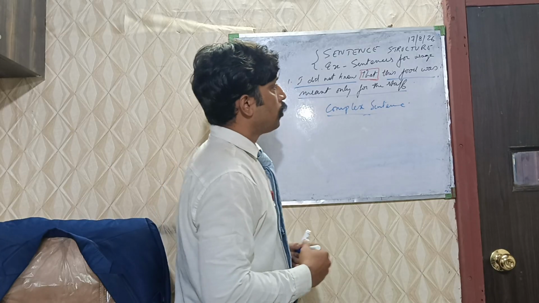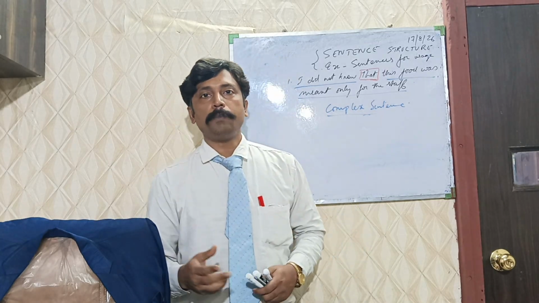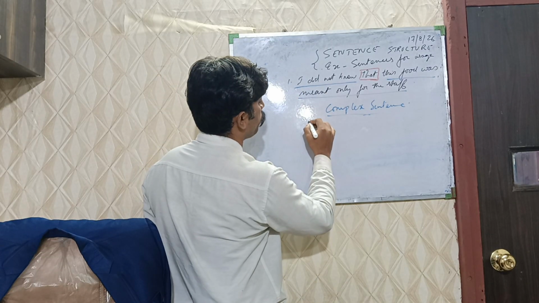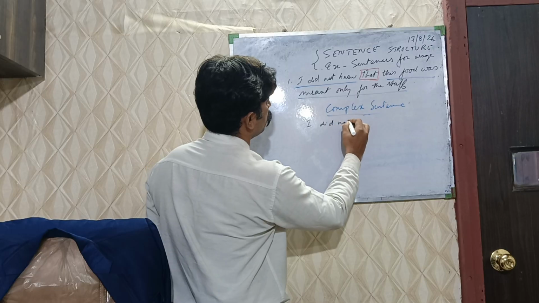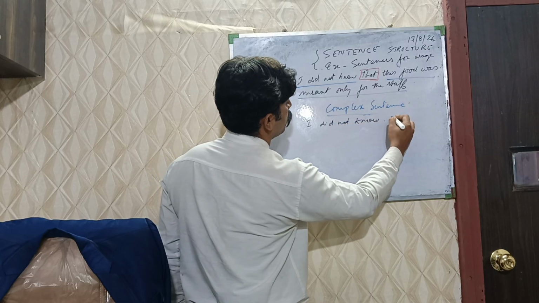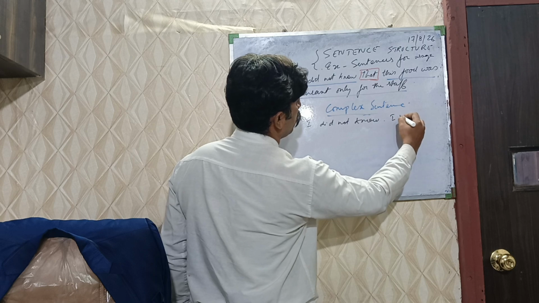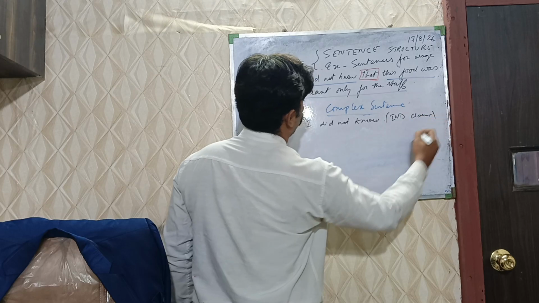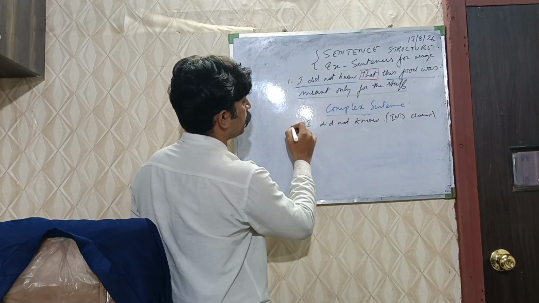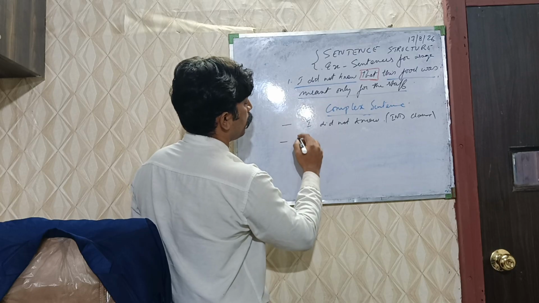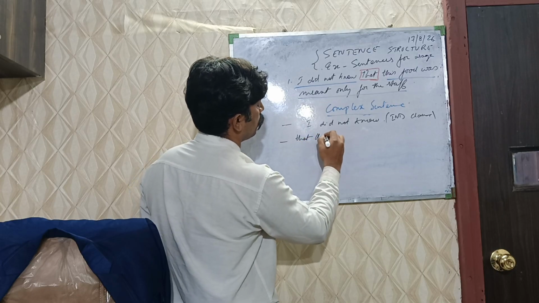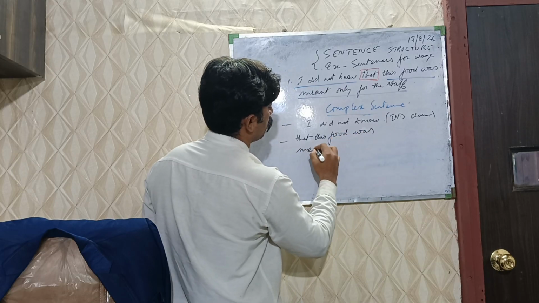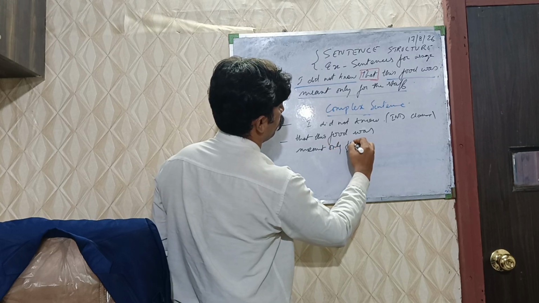Right? Complex sentence, and you clearly know which part is what. So the first part, if you see this part, I did not know, is an independent clause. I'm writing in short: independent clause. And the other part is that this food was meant only for the staff.